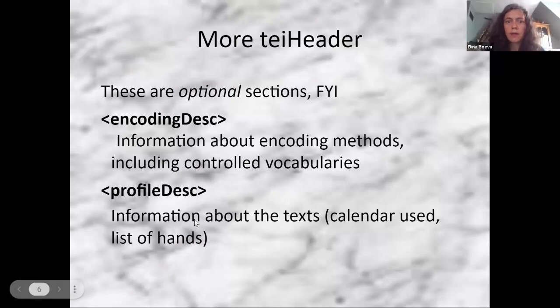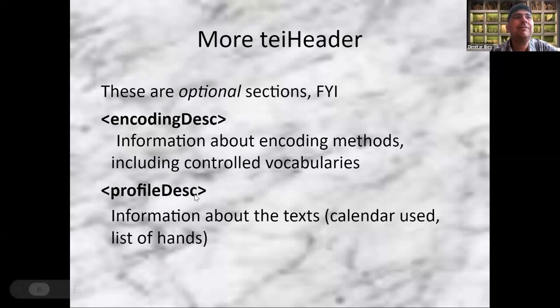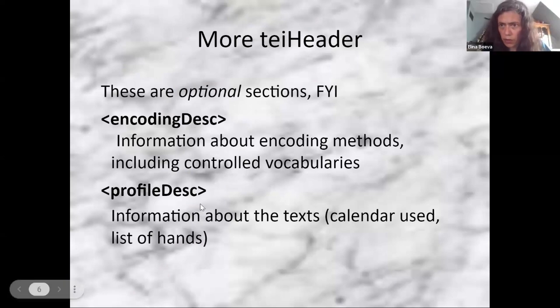After the file description, you have the encoding description and the profile description. Profile description is something we don't use, but should be used in more complex cases. I mean, if you expect your collection to have peculiarities in this particular field, then you should probably include profile description from the beginning and use it consistently, just because of those 5 inscriptions that need specific clarifications about the calendar used and so on.